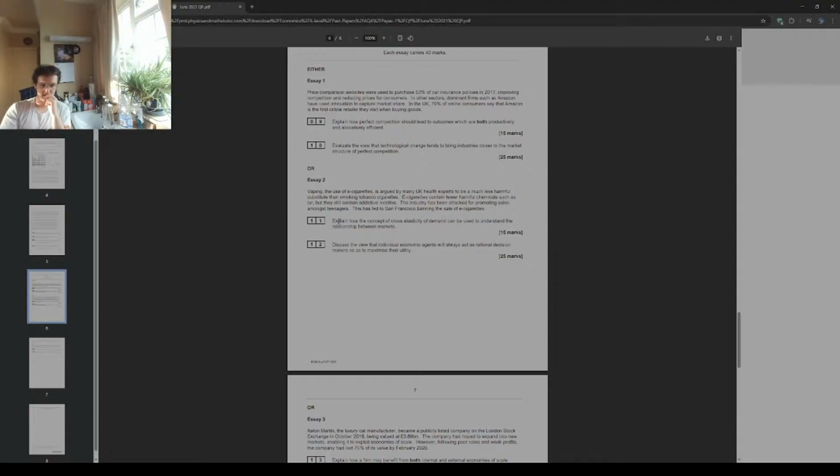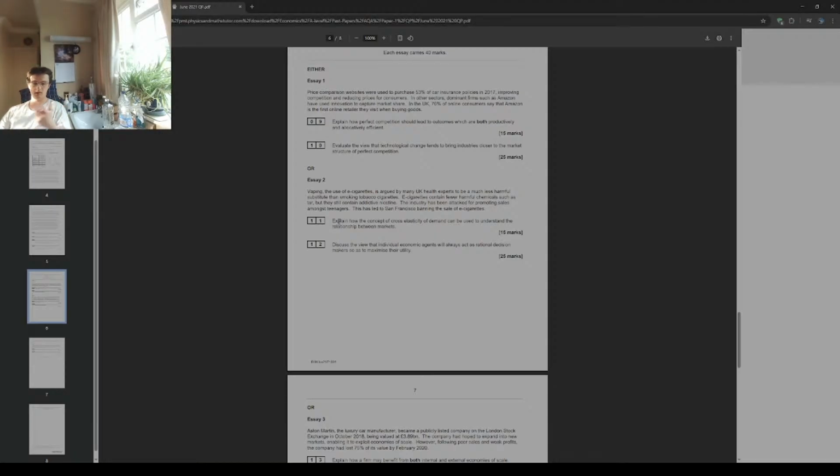So cross-elasticity of demand can be used to understand the relationship between markets through perfect substitutes. Oh, purpose of the question, okay.